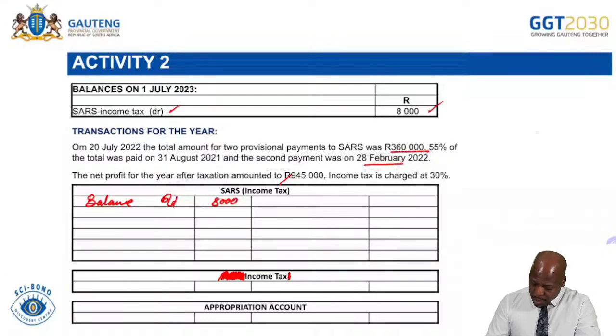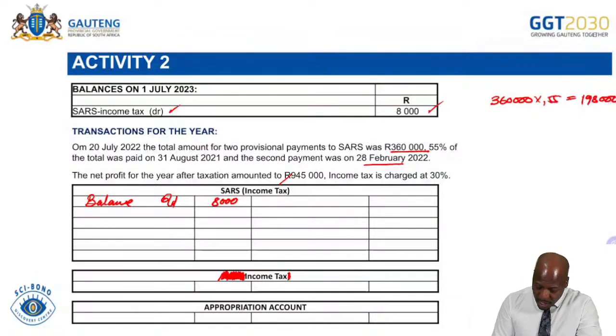We know that the total was 360,000, yet 55% was paid on the 31st of August. So if we say 360,000 multiplied by 55%, you get 198,000. So that means I'm going to come here, and my first provisional payment was 198,000. So I have my 198,000 over here.